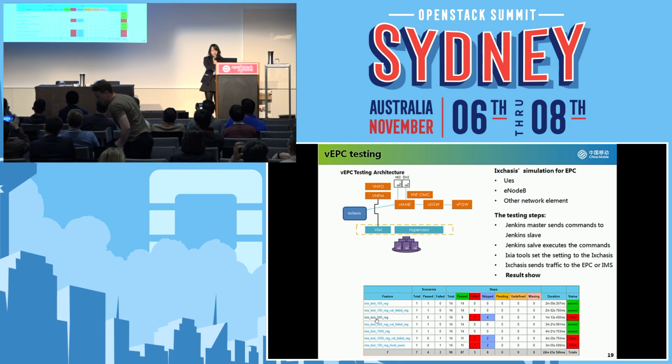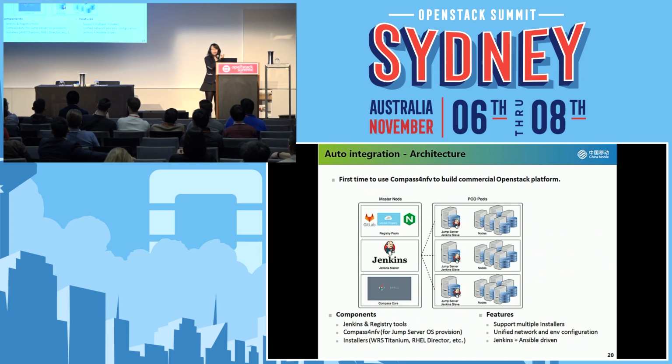The result is quite easy to show. But we are working on the performance testing, and we could add more curves and tables that show more detailed performance test results. So I will invite Wang Xu here to introduce more about the integration work.